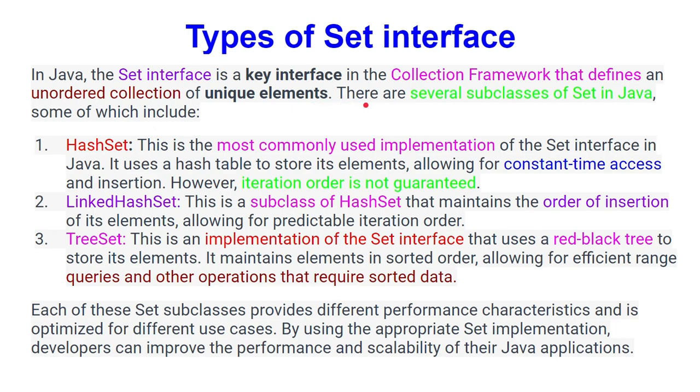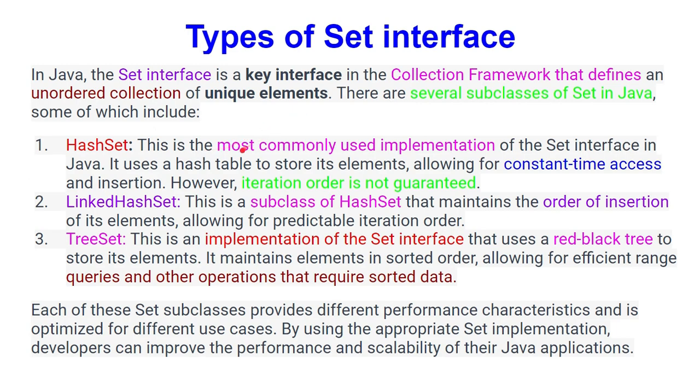Okay, there are several subclasses of Set in Java. Set is an interface, so Set has several implemented classes, like HashSet, LinkedHashSet, TreeSet. We can discuss one by one what the benefits are and what the behavior differences are in these classes. So let's take HashSet. This is the most commonly used implementation of the Set interface.